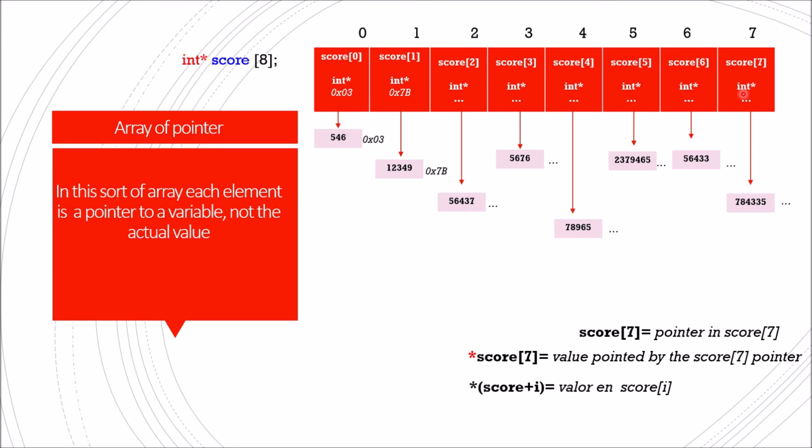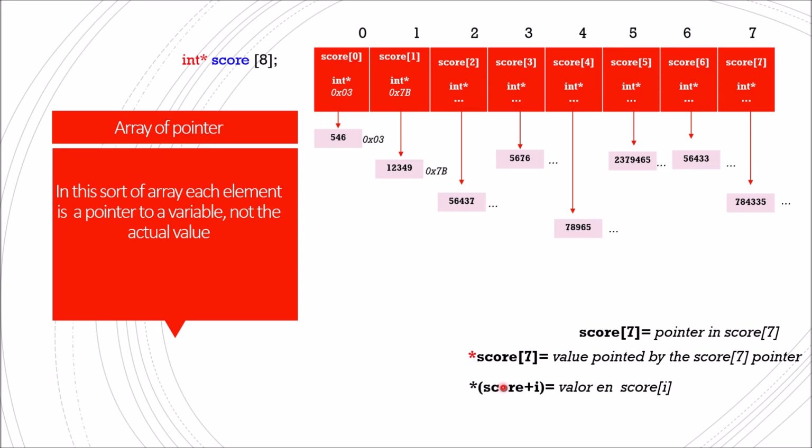So taking that into account, I will have to dereference the content within this position. I have an address here because it is an array of pointers. However, if I dereference it, I will get the actual value. This is the way of working with such arrays.